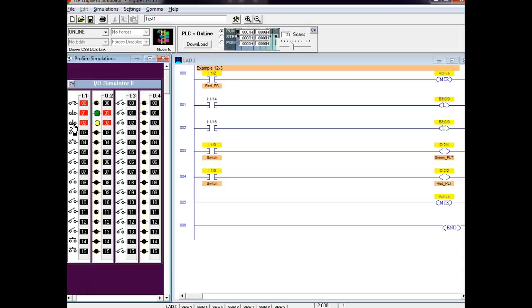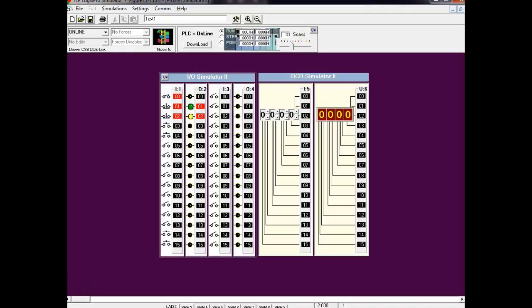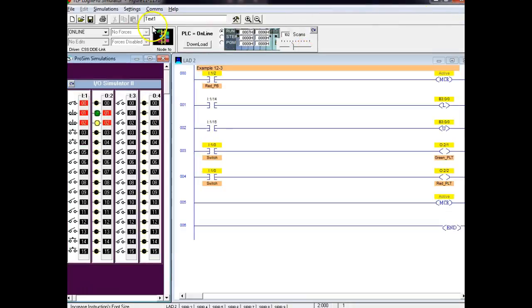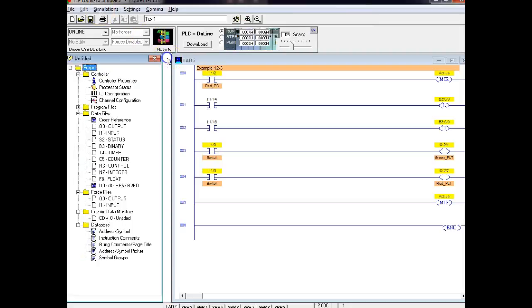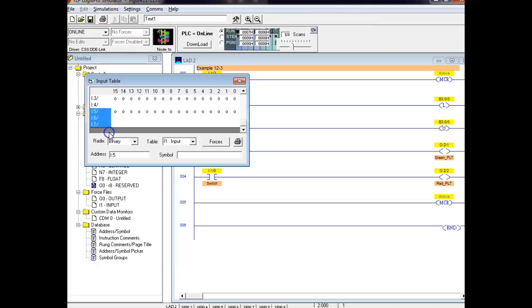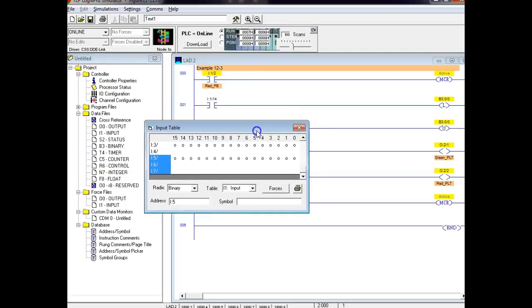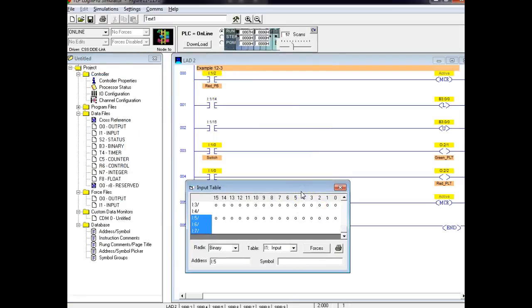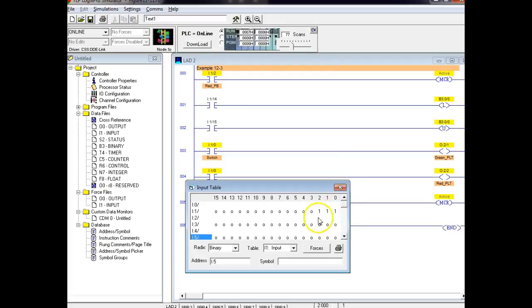And when you look at your input registers, this is where it really comes into play with me. So we go back to our project tree, and here we can actually look at the inputs. If the switch is closed, it sees that as a 1.